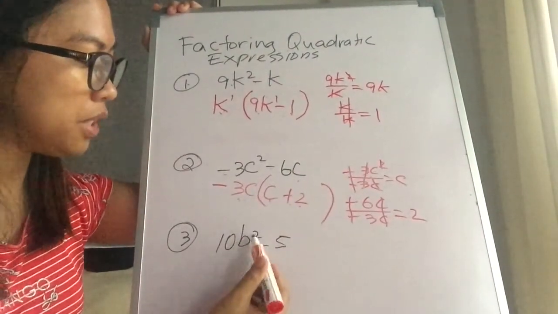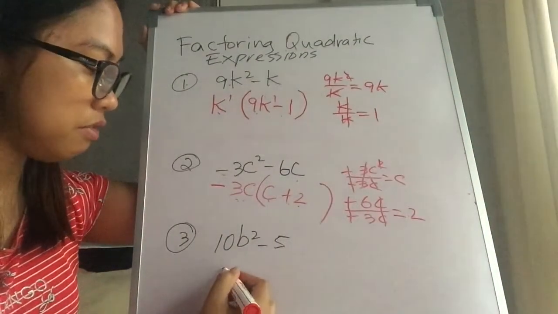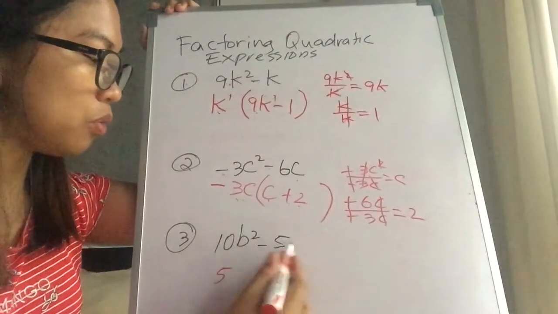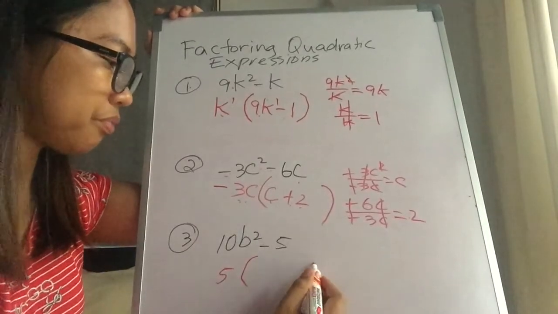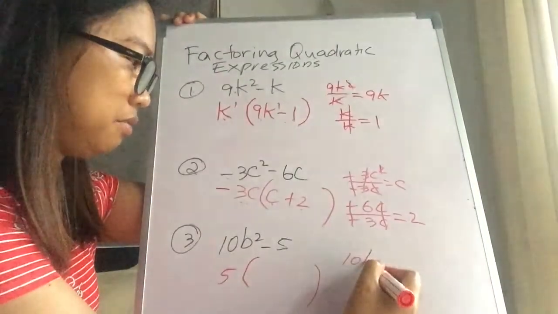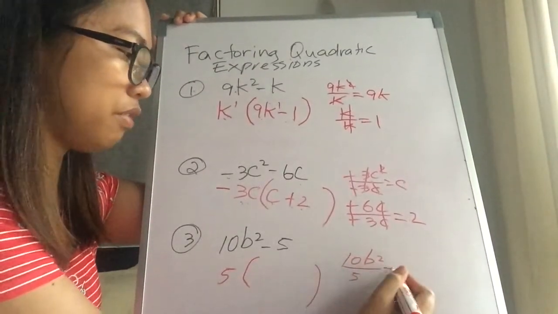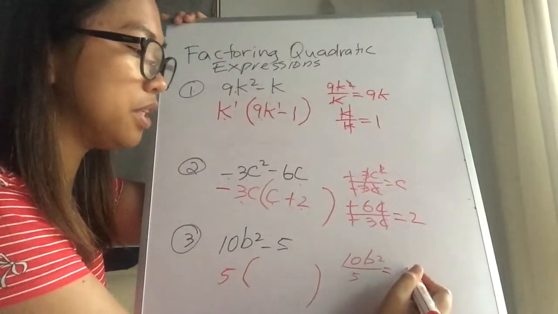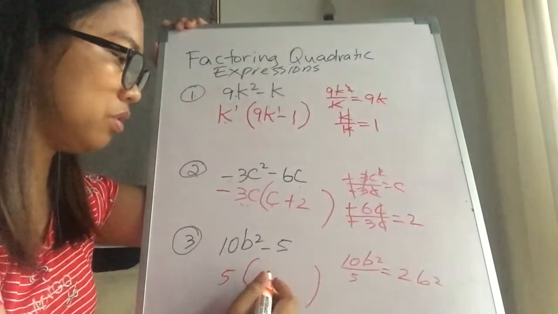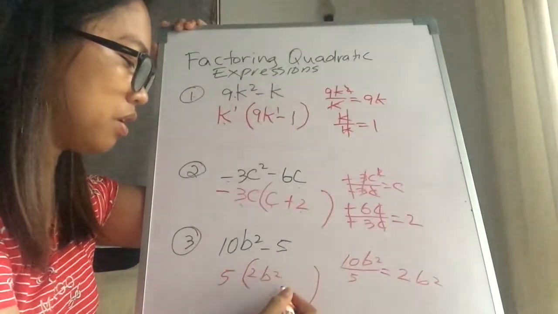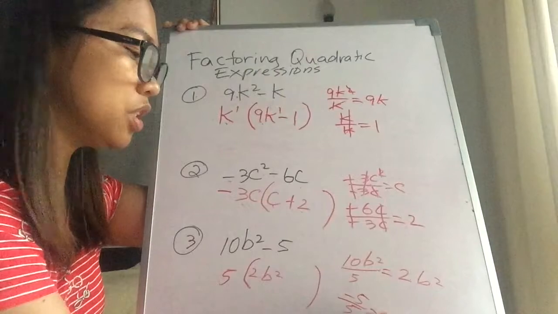This one: 10b squared minus 5. What is the common factor? The common is 5, and there is no b there, right? So, just 5. Therefore, divide by 5. 10 divided by 5 is 2, and then b squared, so 2b squared. Then minus 5 divided by 5 is minus 1.